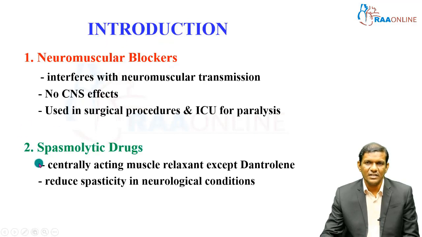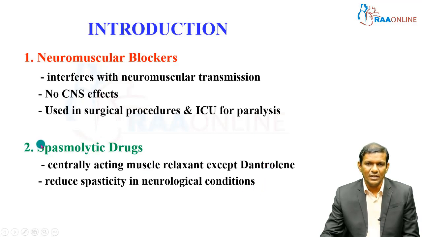Whereas the second category, spasmolytic drugs, as the name suggests, removes the spasm of the muscles. This happens through central mechanisms, except dantrolene, which I have put here because it acts as a directly acting muscle relaxant.